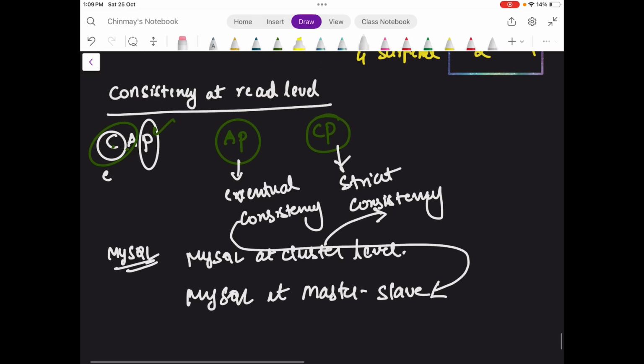What are AP systems, what are CP systems, what is the CAP theorem? I already made a complete video on that. You can have a clear-cut understanding if you refer to that video. This is consistency at read level.